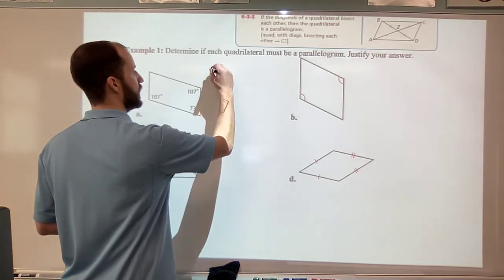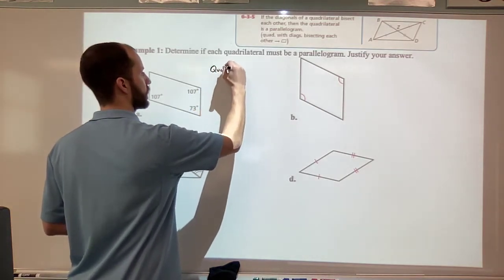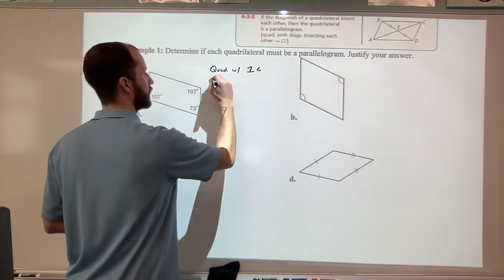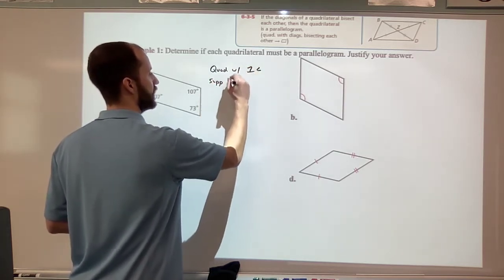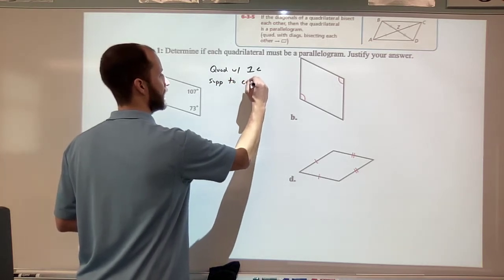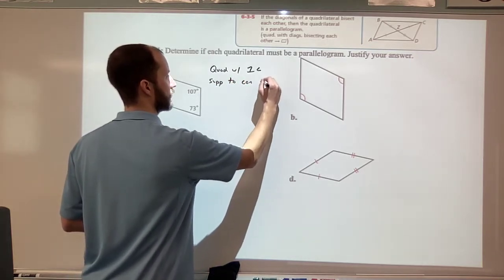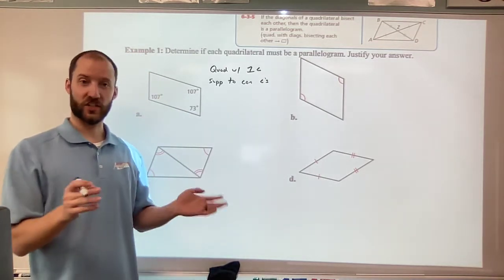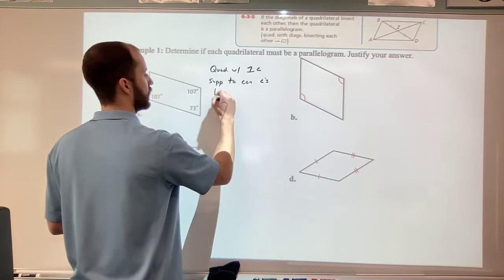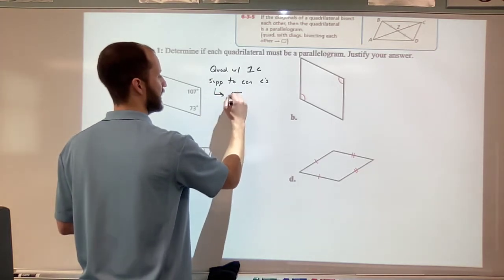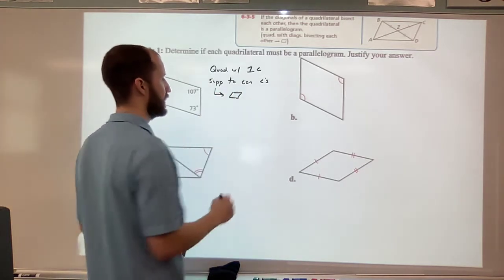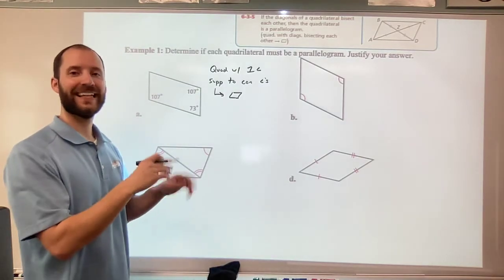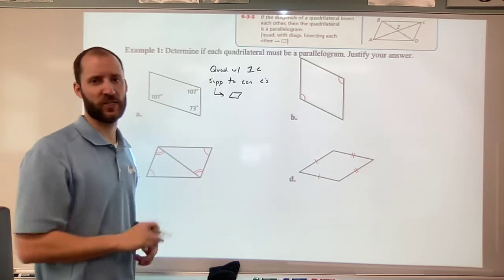So it's a quad with one angle supplementary to the consecutive angles. So we have that condition. So we can say, yes, this is a parallelogram. It kind of has just enough information.